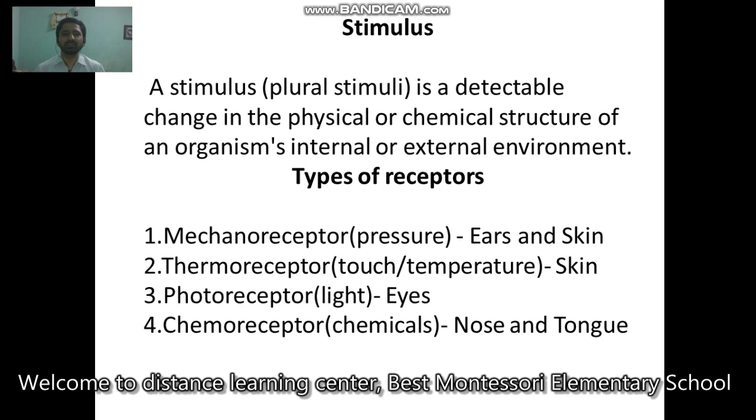The photoreceptor receives light, in the eyes, and the chemoreceptor is responsible for receiving chemicals. Mechanoreceptors: ears and skin, pressure, touch. Thermoreceptors: skin, temperature. Photoreceptors: eyes. Chemoreceptors: nose and tongue. Now skin is considered both a mechanoreceptor and a thermoreceptor.